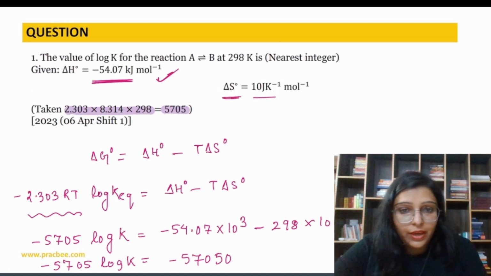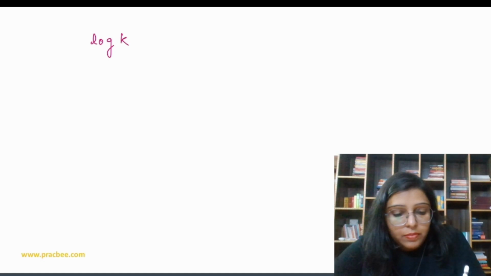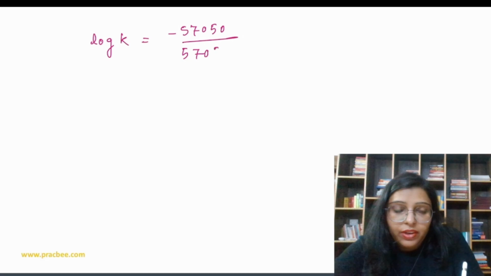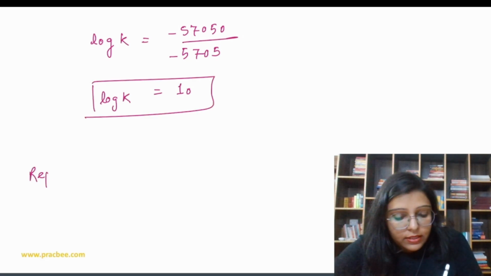So log K is equal to minus 57050 divided by 5705, which is equal to 10. Okay, so the value of log K is 10. So you have to report the answer as 10.